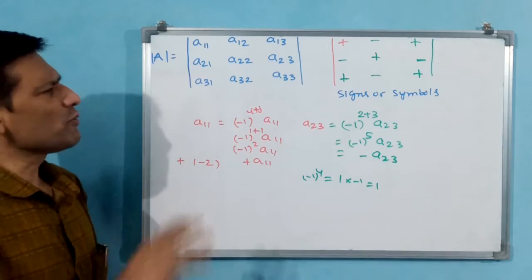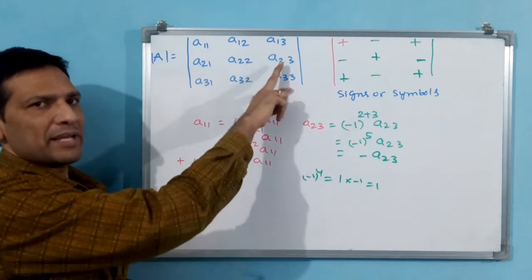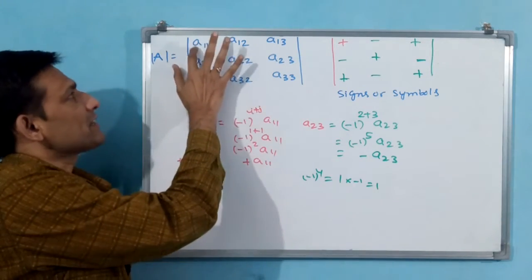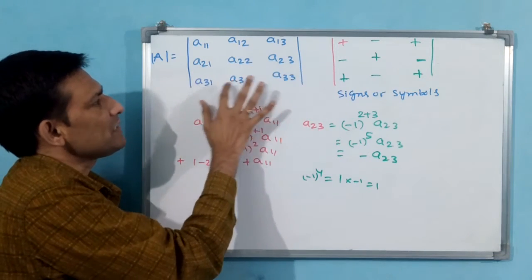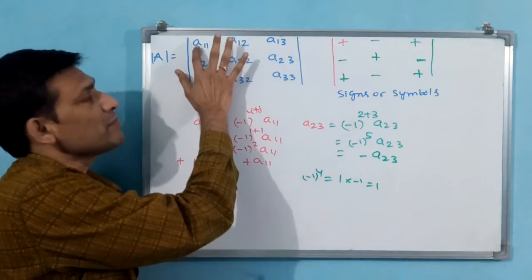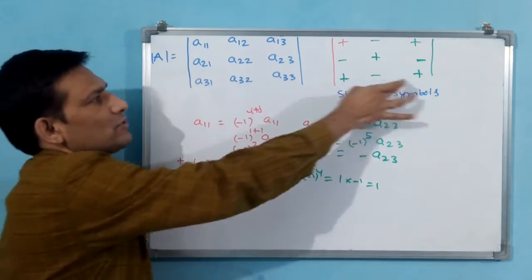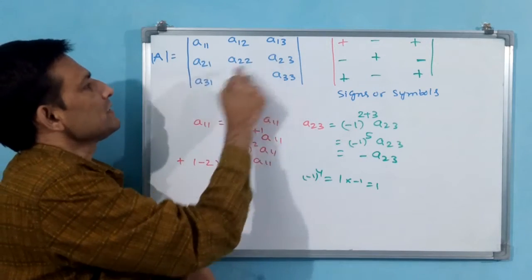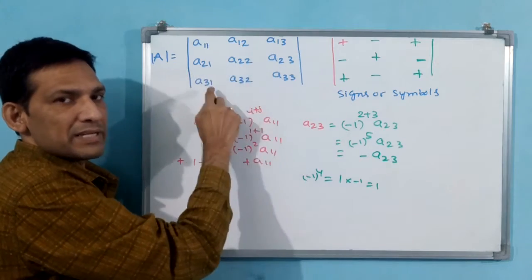Or else simply you remember like this: you start with plus, then alternate minus, plus, minus, plus. 9 elements are there: first element, second, third, fourth, fifth, sixth, seventh, eighth, ninth element. First element is 1, last element is 9, both are positive. 1, 2, 3, 4, 5, 6, 7, 8, 9: plus, minus, plus, minus, plus, minus, plus, minus, plus.